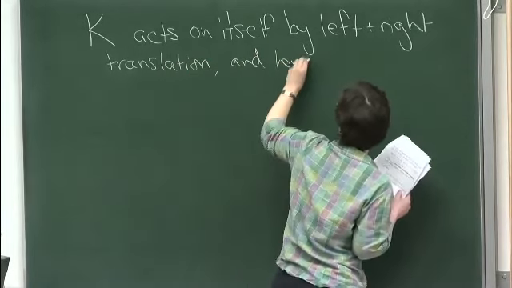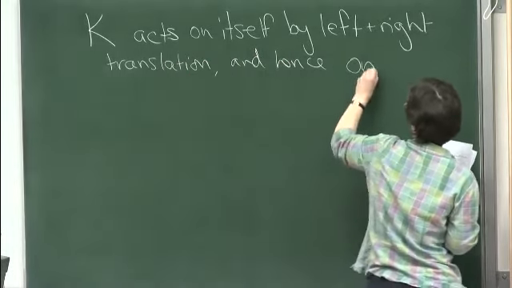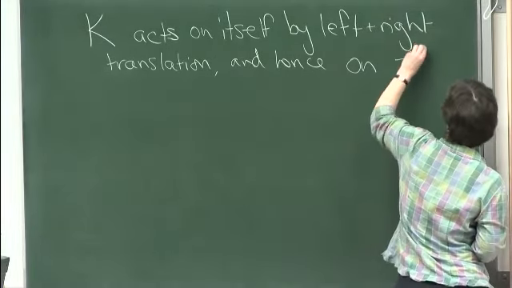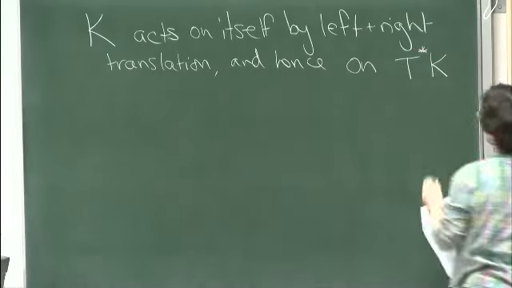And hence there's a symplectic manifold which is naturally associated to K, which is just its cotangent bundle, T star of K.